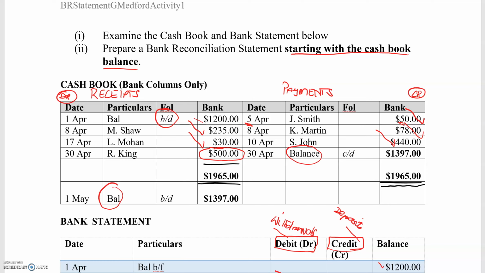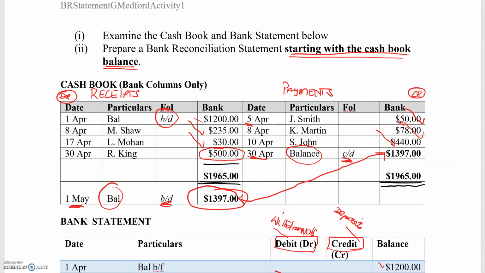The cash book balance that they are speaking about is the balance that is carried down from the previous period into the new period. So the balance carried down or carried forward from the previous period would be the balance brought down into the new period. And this is the cash book balance which we have to start with to prepare the bank reconciliation statement.